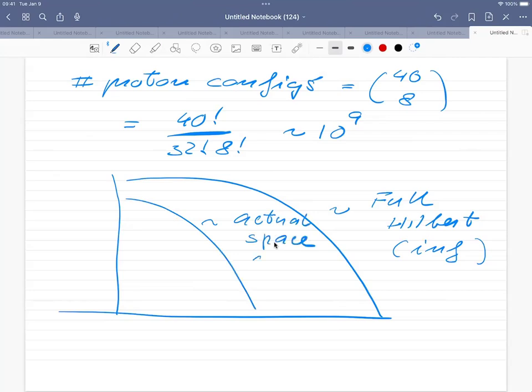And in this case, when we're dealing with fermions, we have reduced the dimensionality because we are taking into account some specific symmetries. So fermions have to be antisymmetric. The total wave function has to be antisymmetric, which means that if you look at all possible realizations, the actual space, when we have picked some specific symmetries, is then smaller than the full Hilbert space.